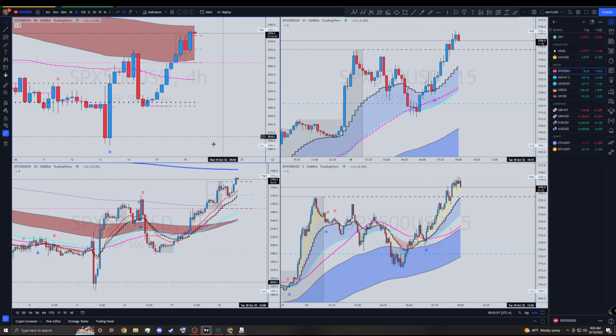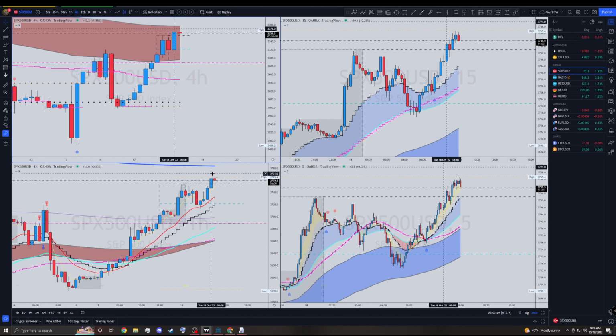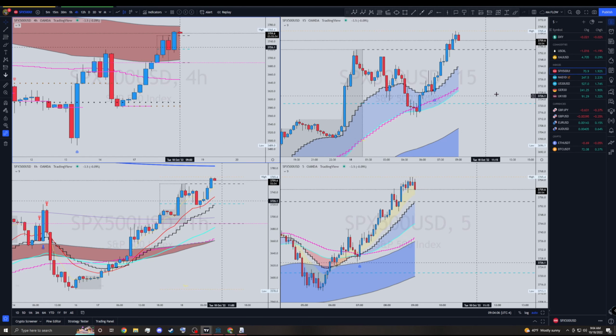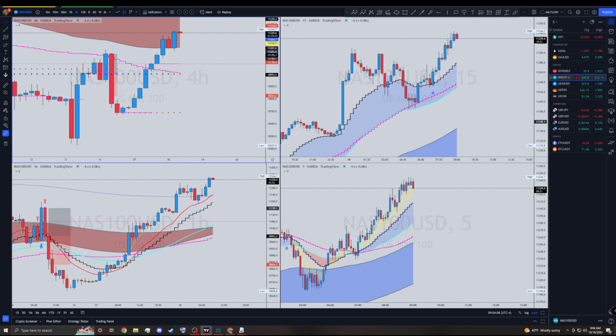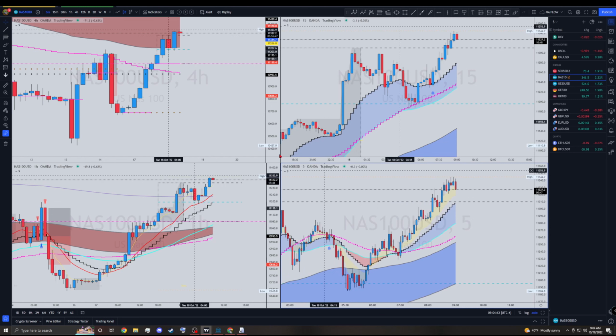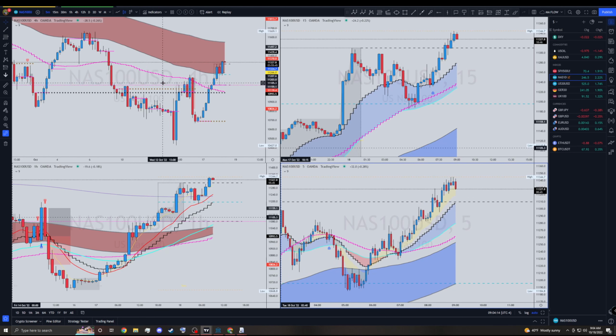So that was S&P. My personal bias is to be bearish, but right now we're bullish, so I have to wait until the market rolls over essentially. Where I used to mistakenly go wrong before is I would see the higher time frame and be like, okay, we're obviously going to sell.